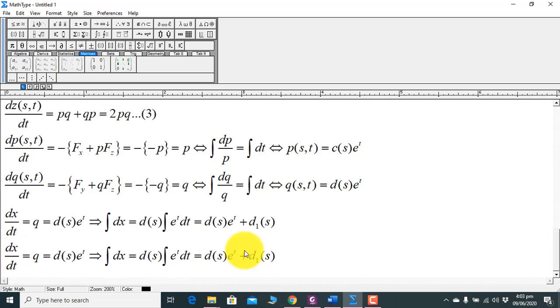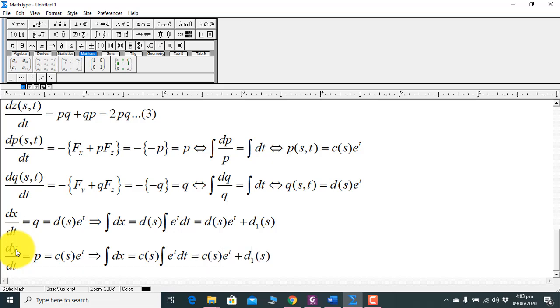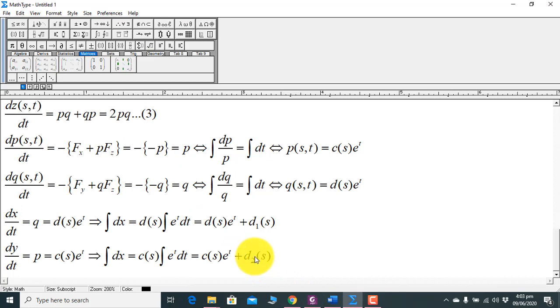I am writing similarly because dy by dt was not q, it was p, and p has the value c of s, not d of s. And similarly you will calculate the integral. Instead of d you will have c, and I have named that other constant c1. Similarly with the c and the d, I have named d1 and c1 the new constants.